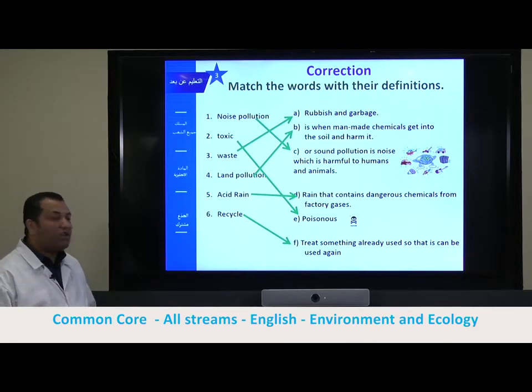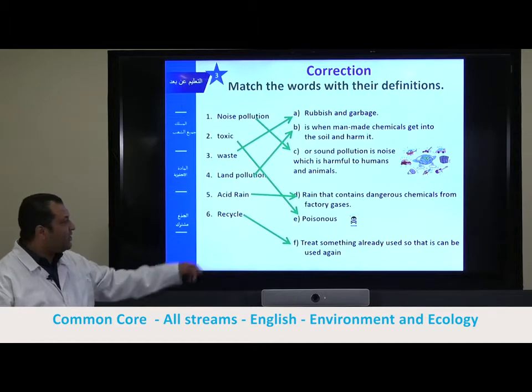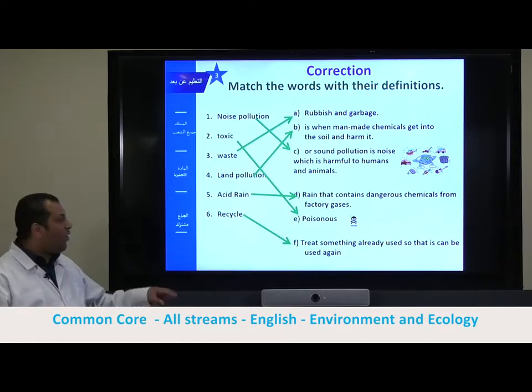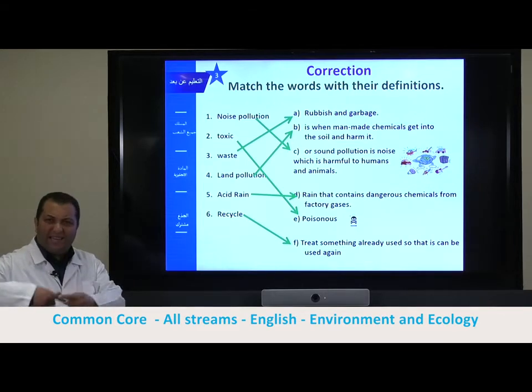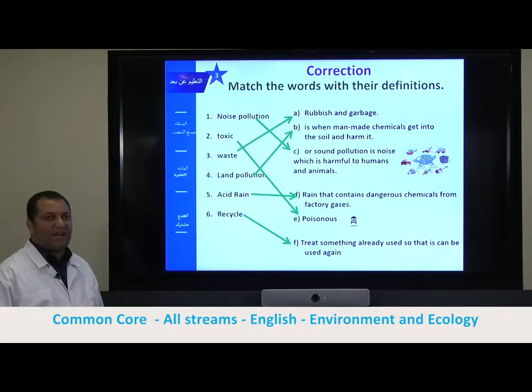And the last one, to recycle, or reuse, or retreat, is to treat something already used so that it can be used again another time.